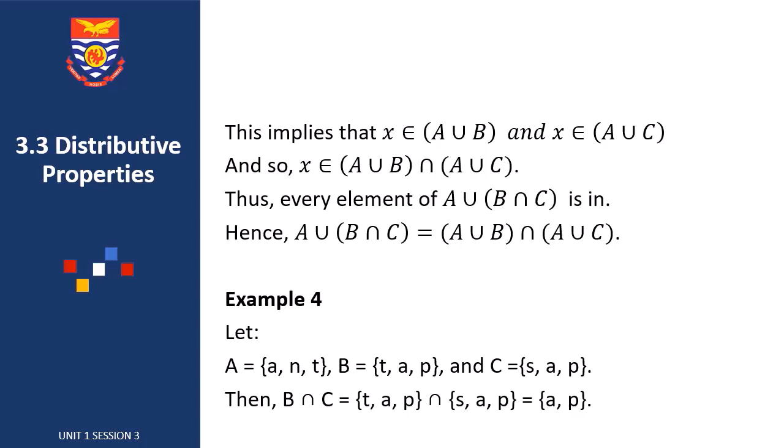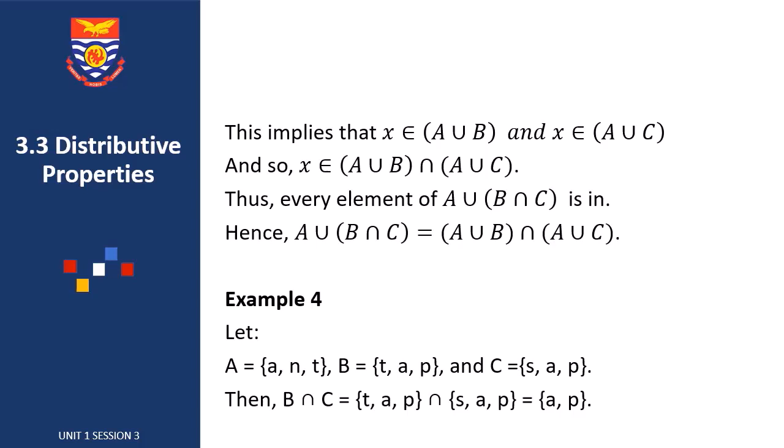A, which is made up of A, N, T. Then set B, which is made up of T, A, P. And set C, which is made up of S, A, P. The first thing we will do is to find B ∩ C. So we bring the set for B and we bring the set for C, and we find the intersection to be A and P.